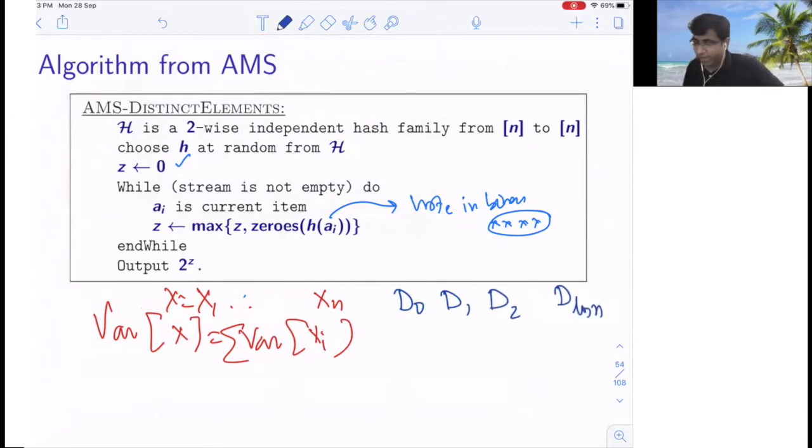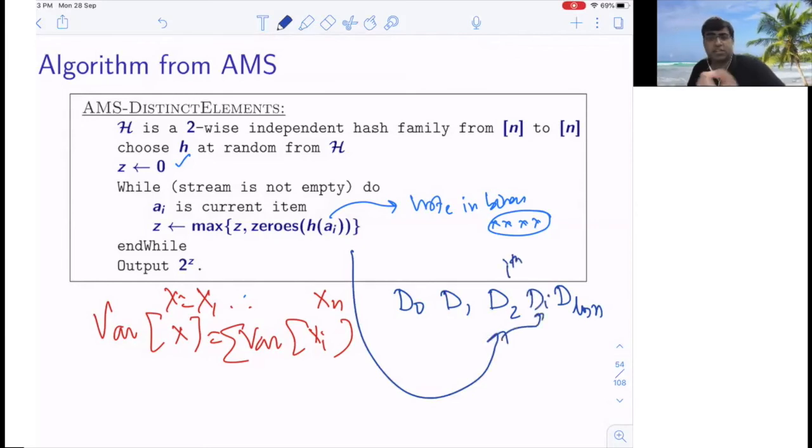H comes, I look at the zeros of H of A_i, and I feed it into the ith D_i, which asks whether it is non-empty or not. If it is non-empty, then just add this element. This is all that you have to do.